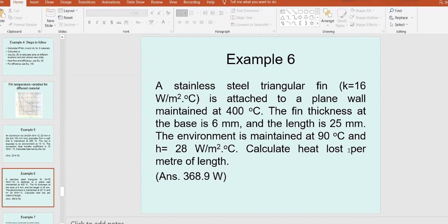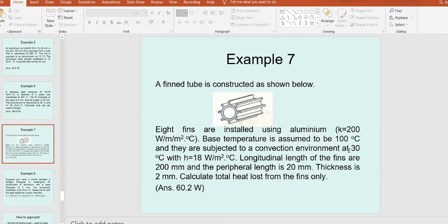So we have done rectangular, we have done triangular, we have done a circular one, and the last one we did is again this one. And again, if you look at it, although it looks a little bit weird at first look, when you start to analyze the problem, you see that this is basically a straight fin of constant cross section.